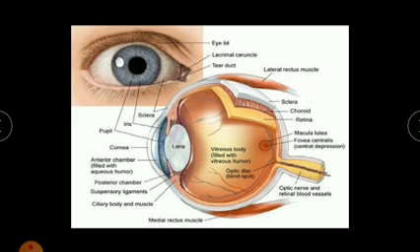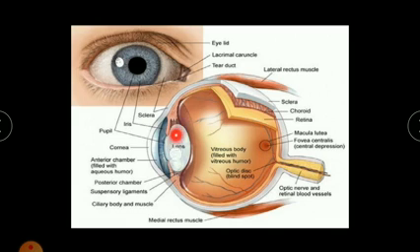Now the third part, that is the lens, the crystalline lens. This crystalline lens is a biconvex lens. Always remember, it is a crystalline lens, and this biconvex lens separates two chambers of the human eye.